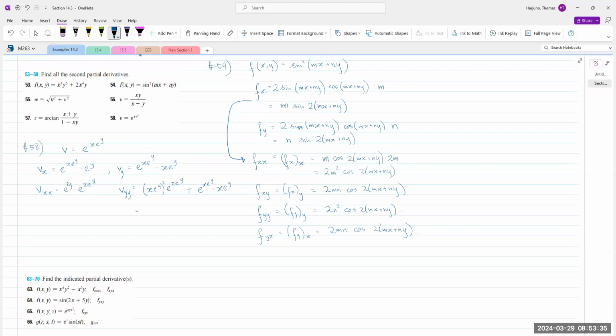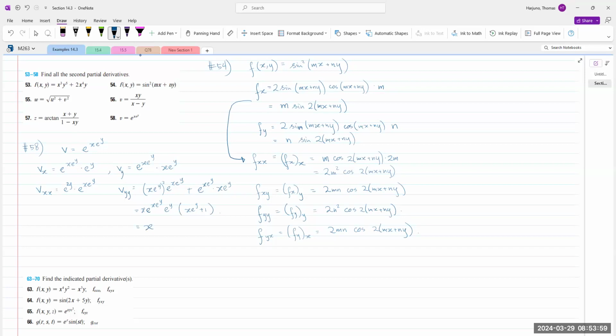I think I can do some factoring here. e to the x e to the y is the common factor. In fact, x e to the y is also another common factor, right? x e to the y plus 1. Oh, that's nasty. Actually, we can put them together.